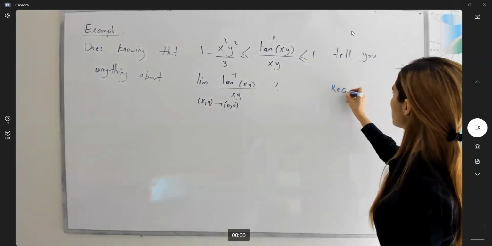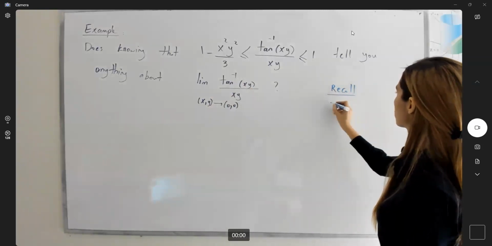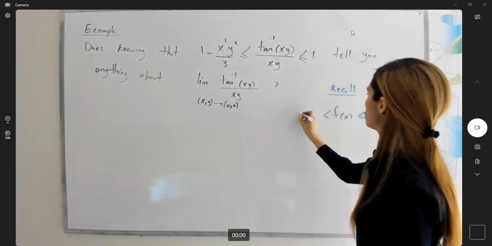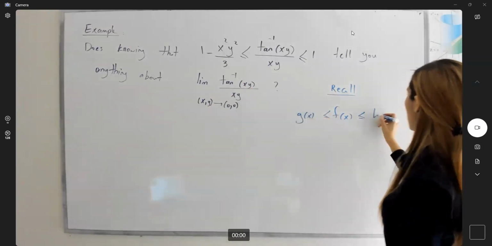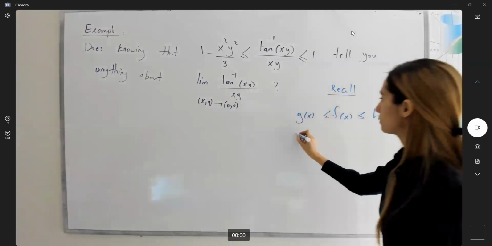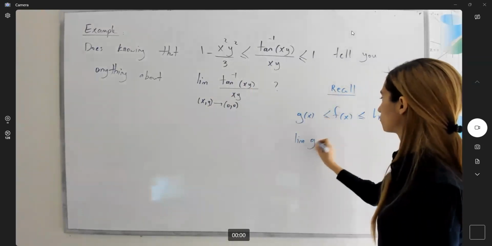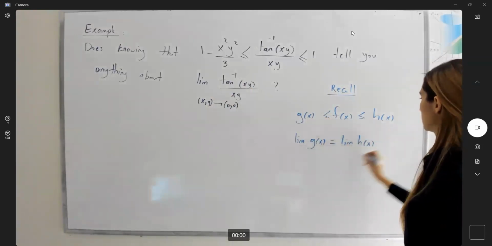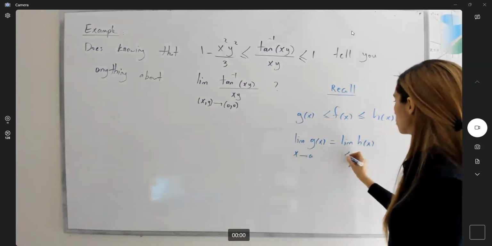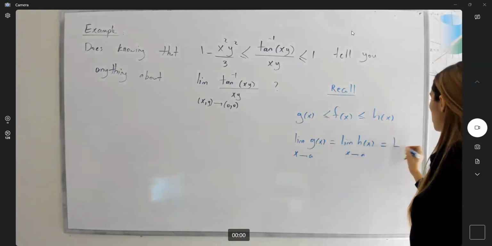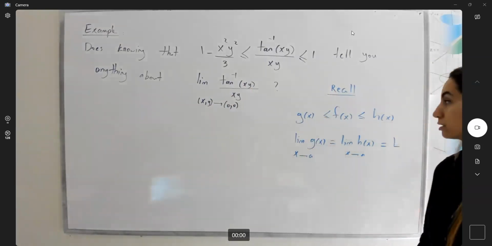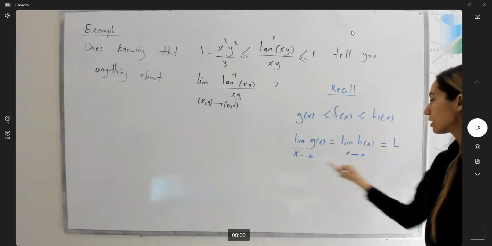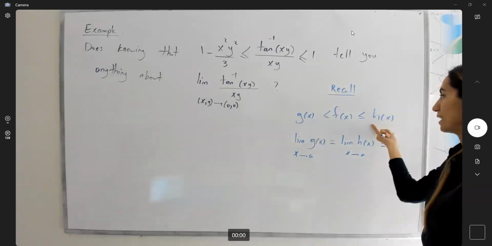Recall that if function f is bounded between two functions g and h, and suppose the limits of g and h both exist and they are equal to each other, for example, both of them are equal to L. So it means that this function locally is sandwiched between g and h.